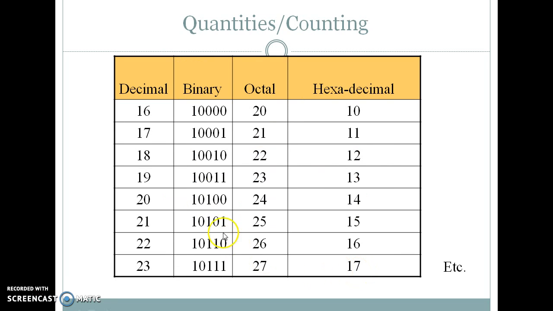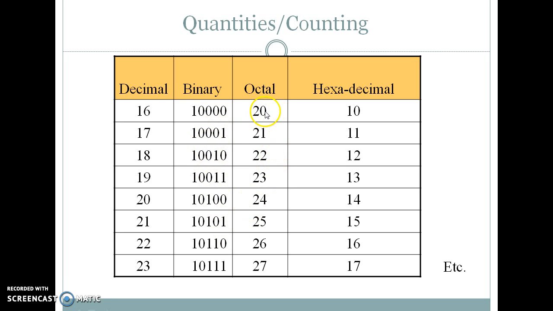After this, in the decimal number system which we have studied in our regular mathematics, it is 16, 17, 18, 19. After 9, this converts into 0, and here 1 is replaced by 2, which we call 20, 21, 22, 23. Similarly for the binary, it is 10000, and so on.